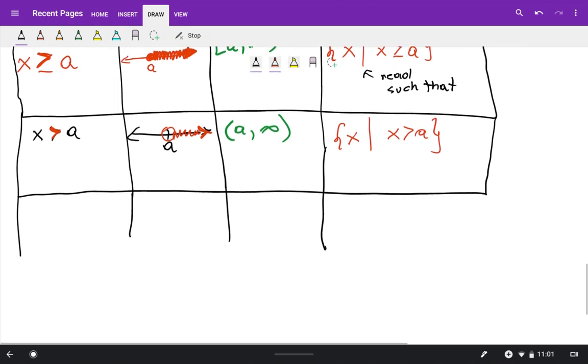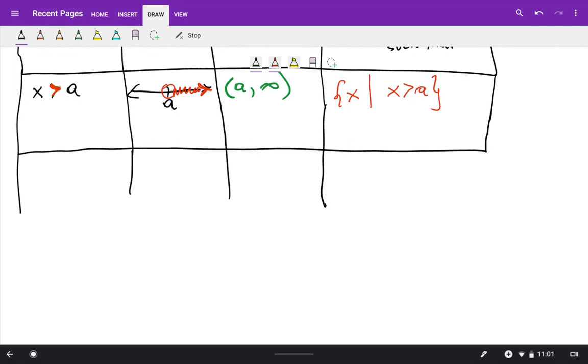Okay. Next one, let's talk about x less than or equal to a. So we graphed that before. So you're putting a on the number line. You have an equal sign, so we're including a. Less than, the direction of the inequality matches the direction of the number line. So you're shading everything to the left. Okay, the interval notation will be, in this case, from negative infinity to a.